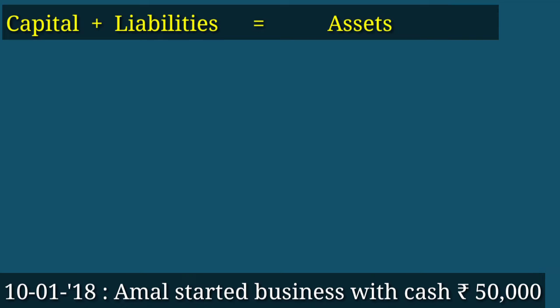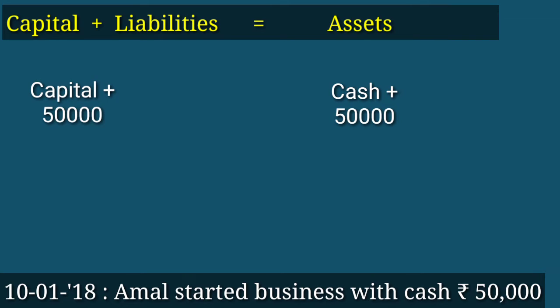In this transaction, cash 50,000 is coming and capital is also increasing, right? Here cash is increasing and at the same time capital is also increasing. So when the asset is increasing, we should debit, and when the liability or capital is increasing, we should credit.